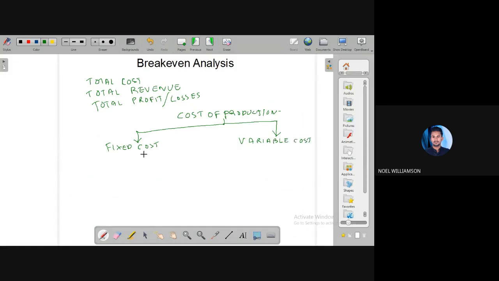So the fixed cost is always fixed, whether we are producing 2 units or 3 units, 100 units or 1000 units, the cost will be same. For example, in a manufacturing company, whether we are producing 3 units or 4 units, the cost spent for the fan and light in the particular room will be same. It is not changing.